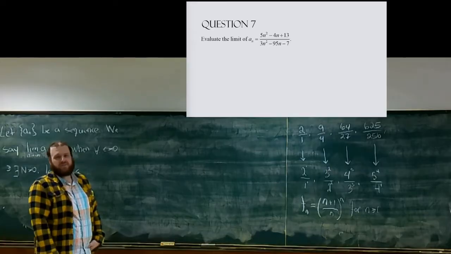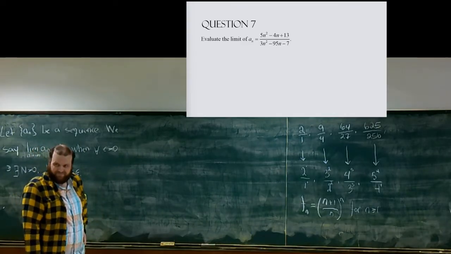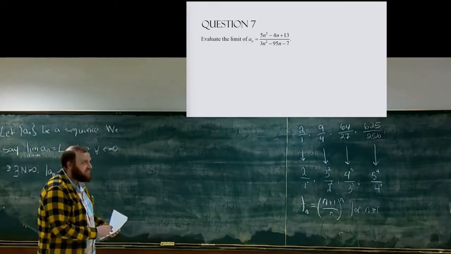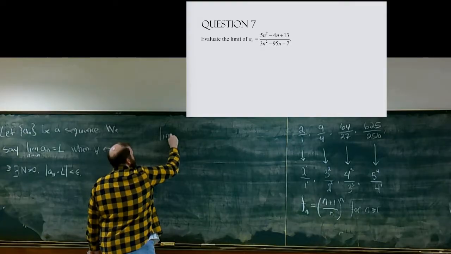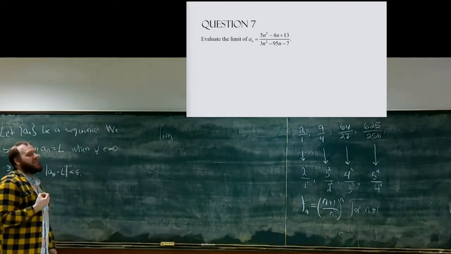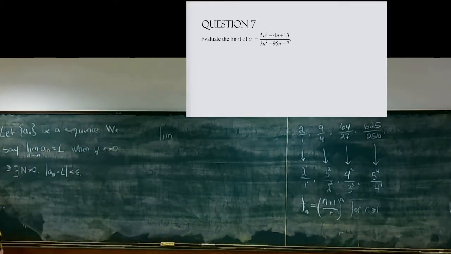I want to find the limit of that sequence, so the sequence defined by that term. When talking about sequences, I'm probably going to leave out the n approaching infinity, because again, it's understood that's what we're looking for.